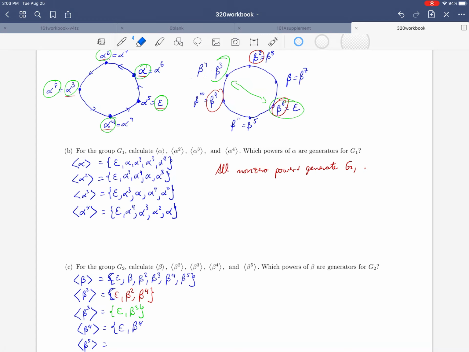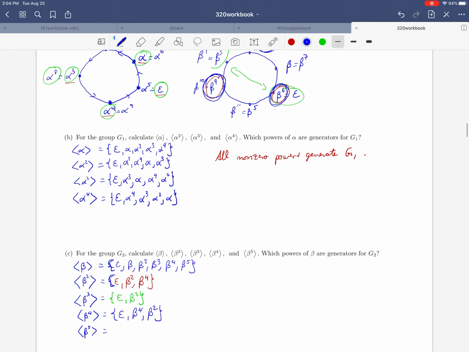I actually wrote that down wrong. I wanted to start with beta to the fourth. Right here, beta to the fourth. And so from beta to the fourth, I'm going to beta to the 8th. And then from beta to the 8th, I'm going to beta to the 12th, which is the same thing as beta to the 6th. My picture gets really busy, but I'm just picking up the elements: the identity, beta to the fourth, and beta squared.